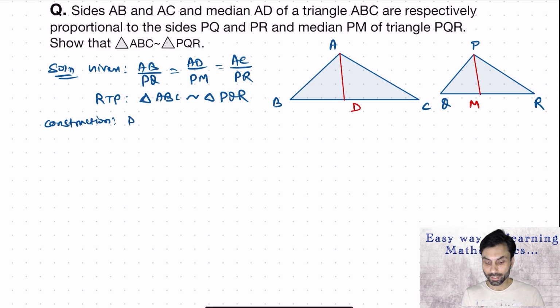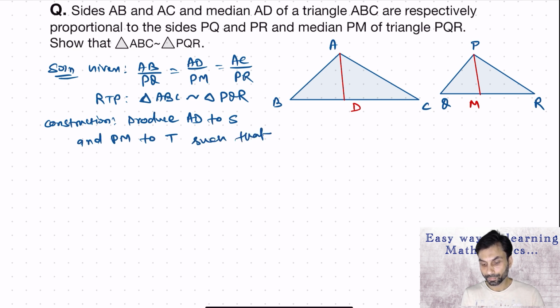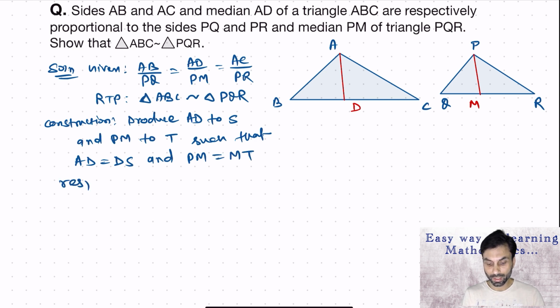Now in order to prove this, we are going to draw a construction. The construction here is: produce AD to S and PM to T such that AD equals DS and PM equals MT respectively.